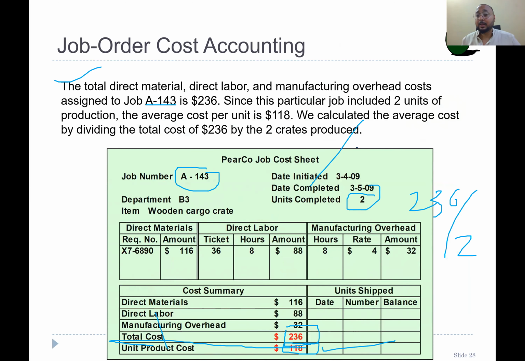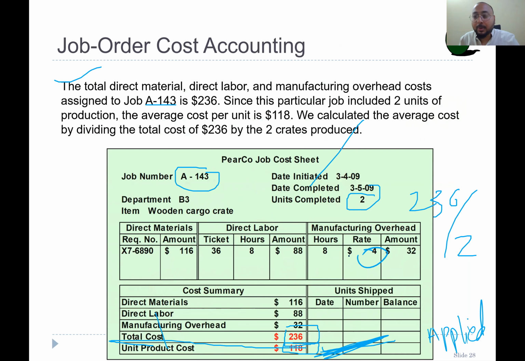But remember, this 118 is based on applied manufacturing overhead, not the actual one. Because the actual comes at the end of the period, because utility bills come after a month, not the same day.